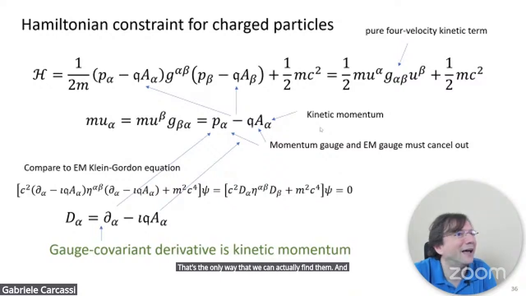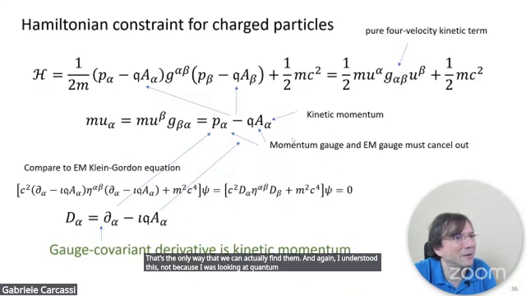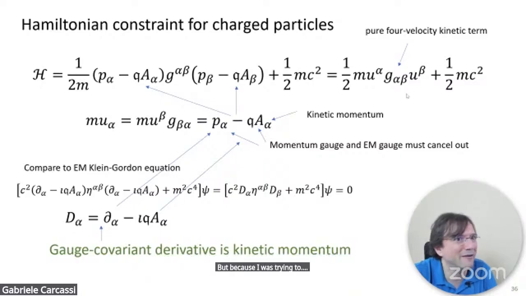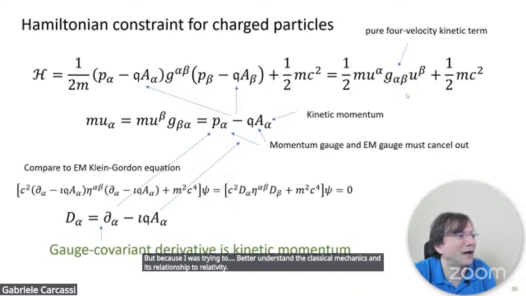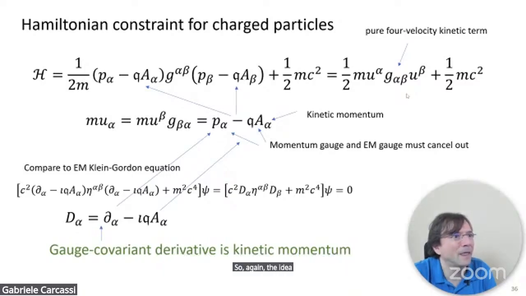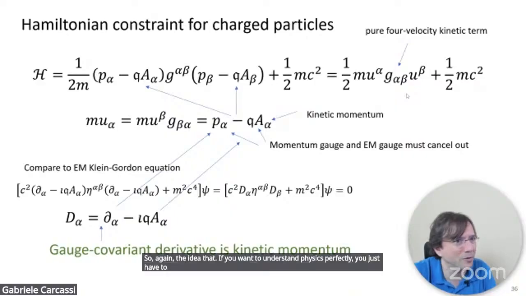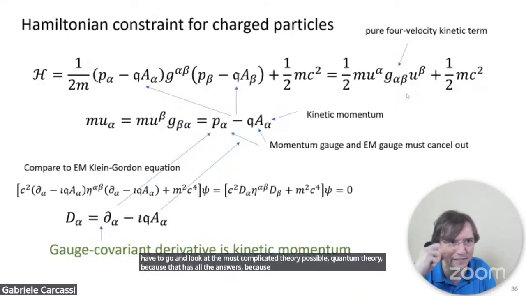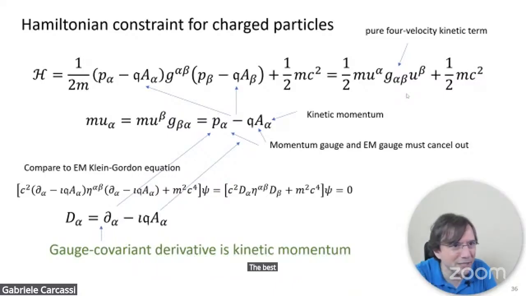And again, I understood this not because I was looking at quantum field theory, but because I was trying to better understand classical mechanics and its relationship to relativity. So the idea that if you want to understand physics perfectly, you just have to go and look at the most complicated theory possible, quantum field theory, because that gives us the best description of nature, doesn't work.